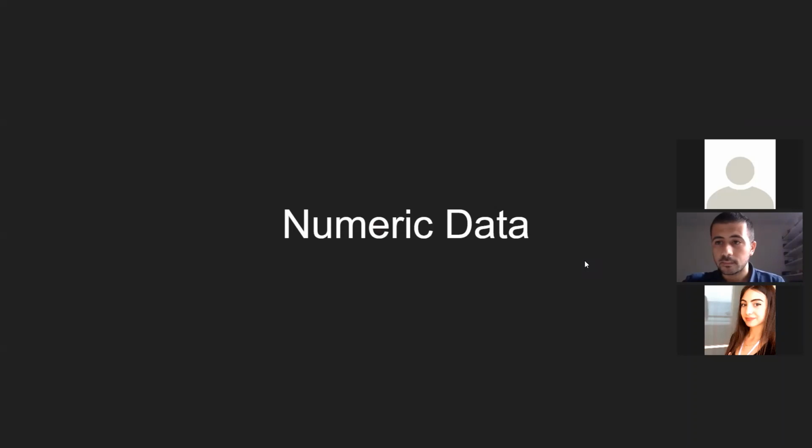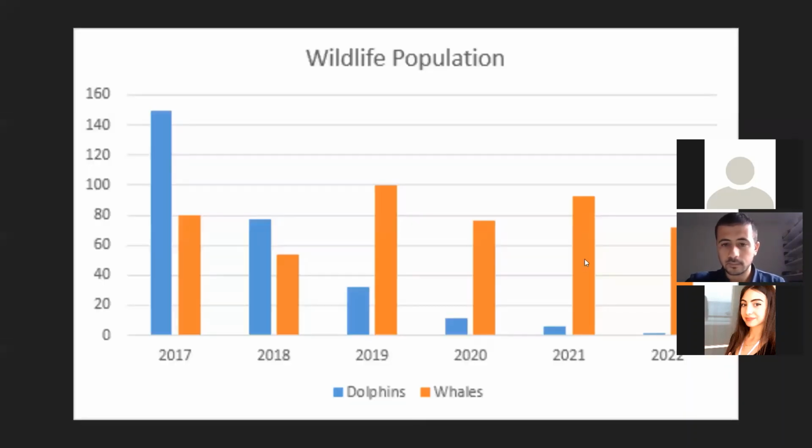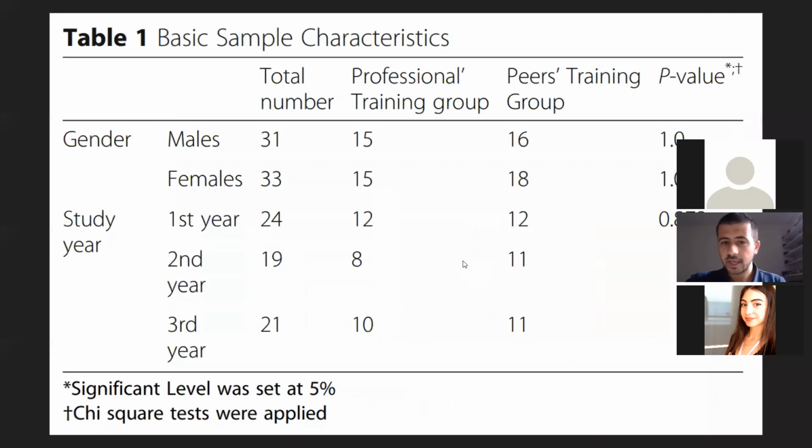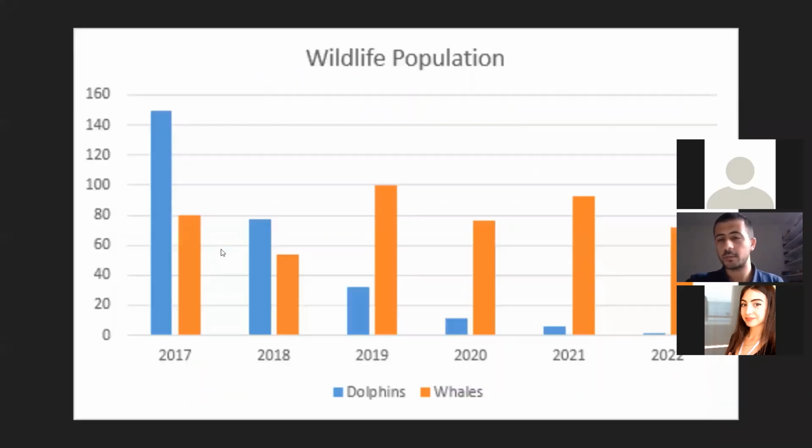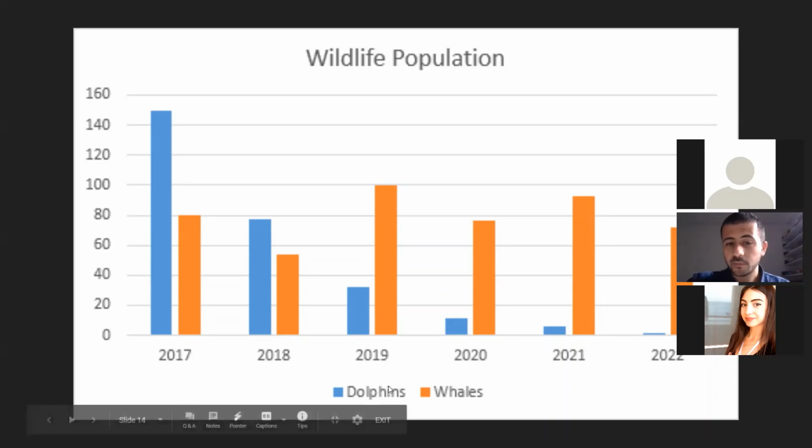In the previous chart, weren't we dealing with the same variable but for different years? Like the variable was dolphins or whales, so it's one variable for different years. Exactly. This graph is not actually related to this, but I can represent those in a similar way. I have one variable, which is categorical, whales or dolphins.